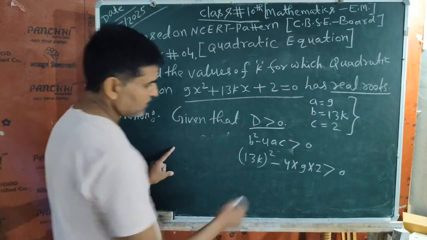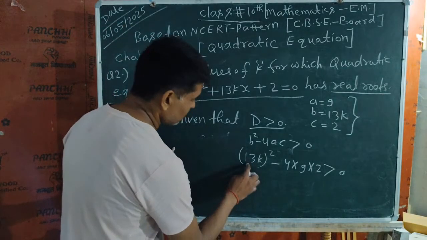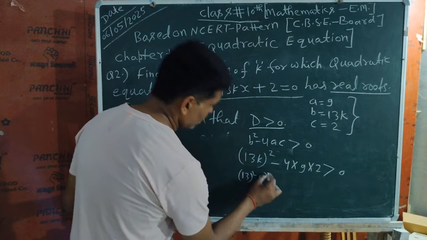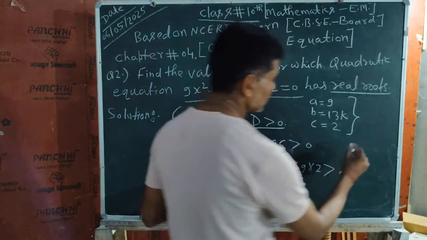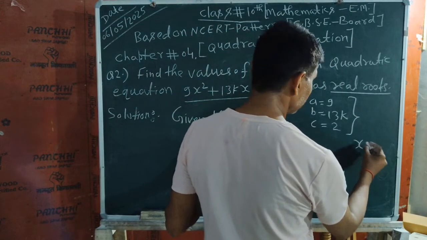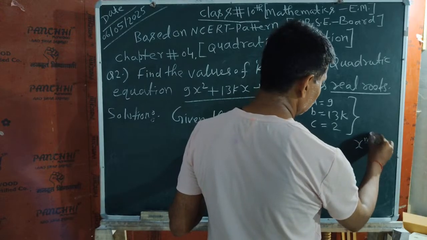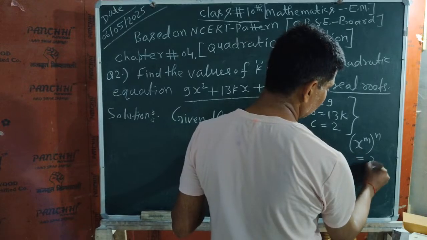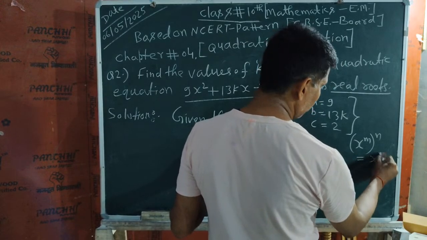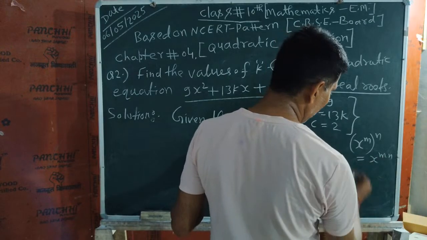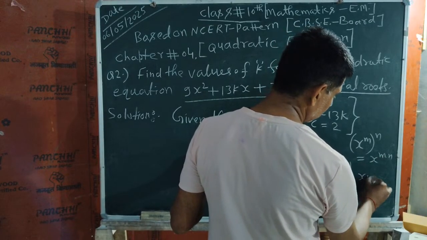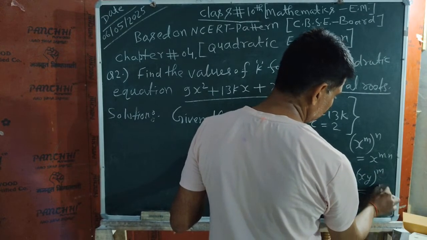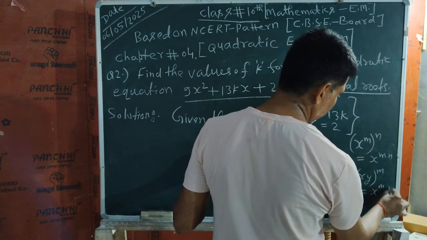So after simplifying, I will write here 13 square into k square, because here I will use one concept which is available in high school year 9 class: x to the power m, to the power n, I will write as x to the power m into n, or in other words, x into y to the power m is x to the power m into y to the power m.